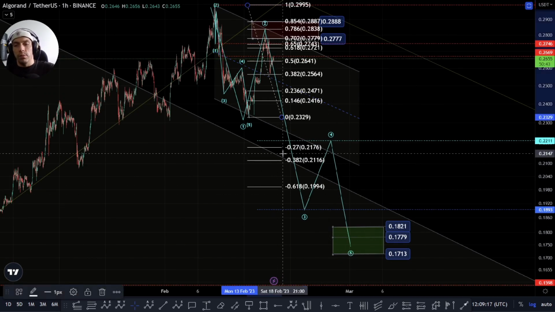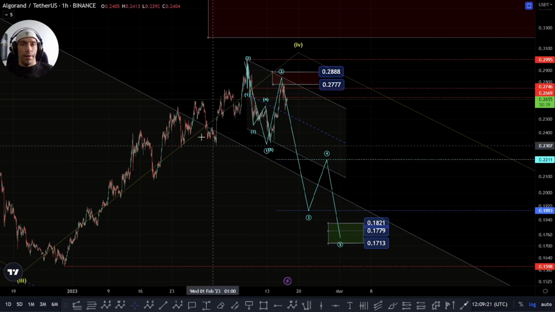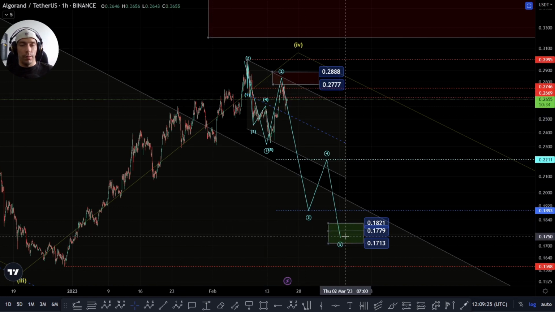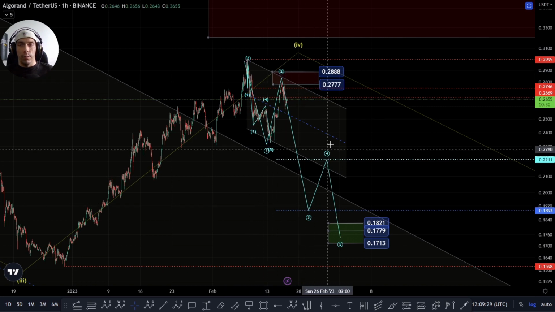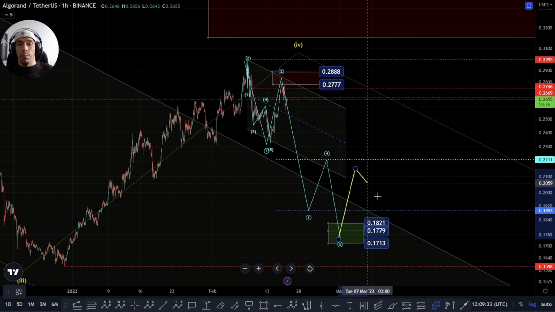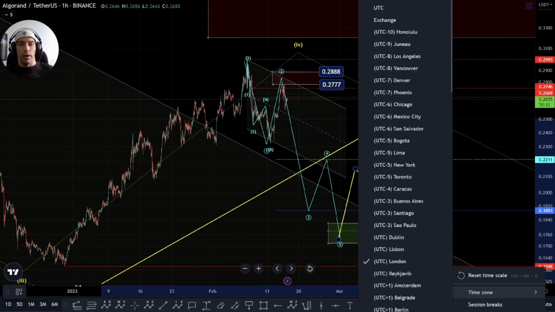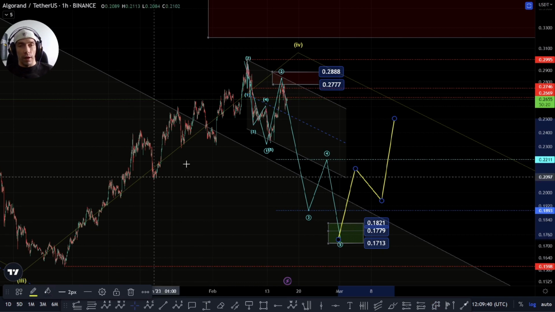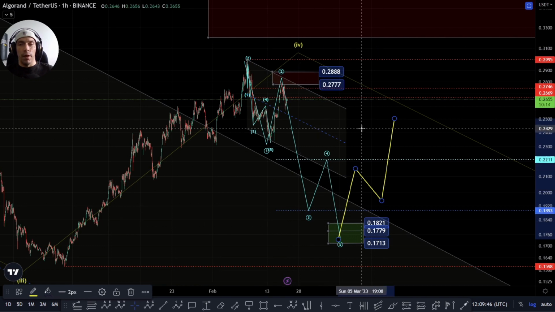So the thing is with this, if we did get a bigger 5-wave structure like this now, we could argue that it was a flat still from here as a deeper flat correction, but it then becomes more likely that actually this is going to be a wave 1 or an A wave. We're going to get a B wave to the upside, and then we're going to push down for that C wave again and actually look to take these lows and take out all sort of bullish potential that we've been looking at recently with this additional push to the upside.